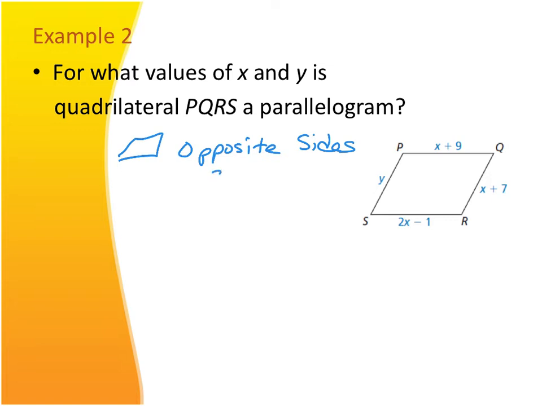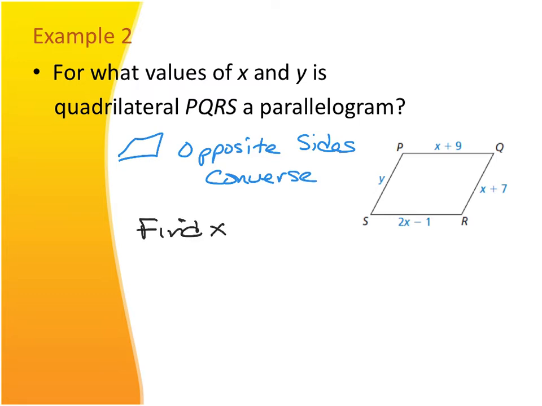This is what I'm using. What this states is if both pairs of opposite sides of a quadrilateral are congruent, then the quadrilateral is a parallelogram.